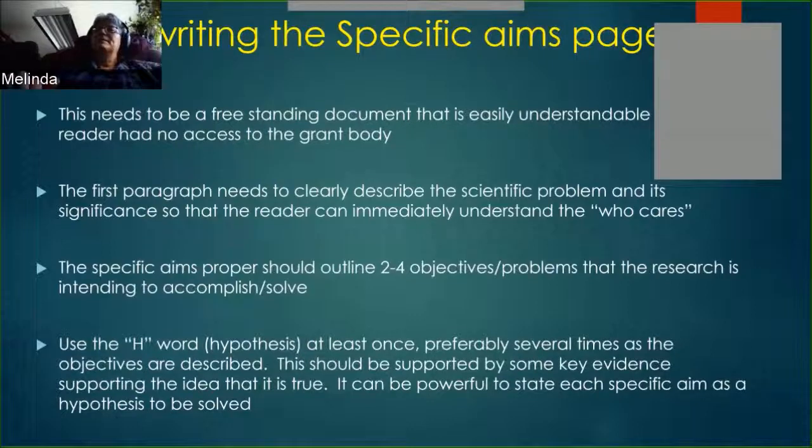Usually, specific aims can have sub-aims, so it's not just one objective necessarily. Sometimes you have a big picture objective and then you have sub-aims there. Now, personally, I don't put a lot of experimental detail on my aims page. I use that space to sell why I care about that aim.